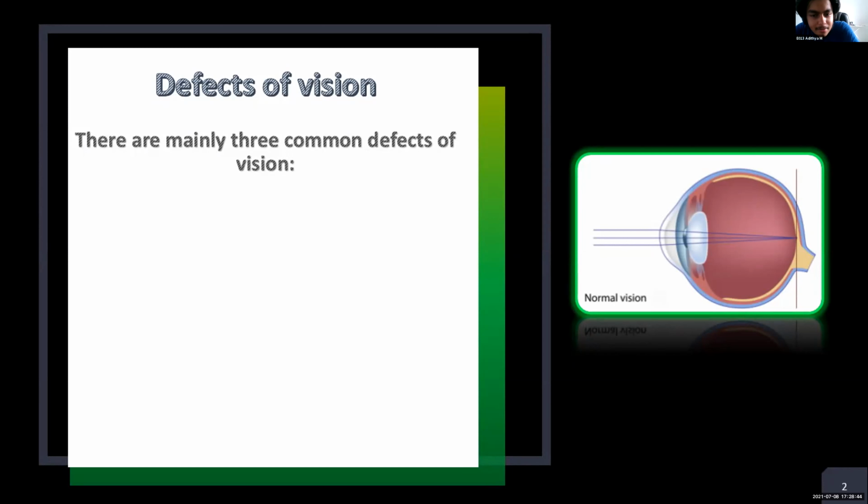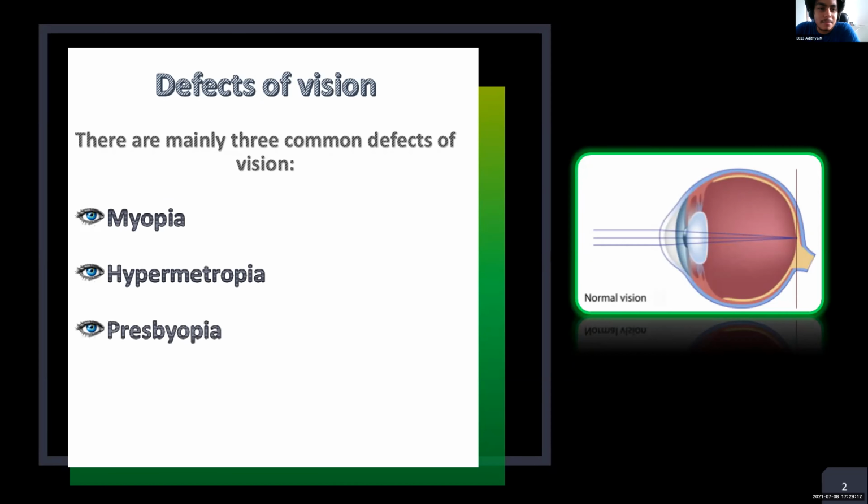Savi, can you answer? I didn't hear. Okay, first, this is myopia and hypermetropia, and presbyopia.